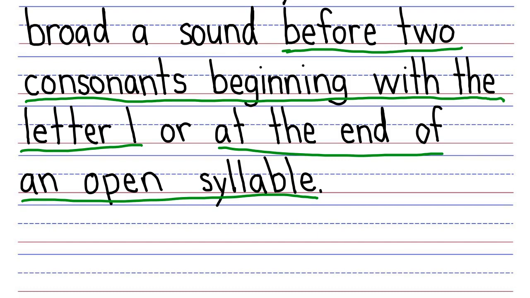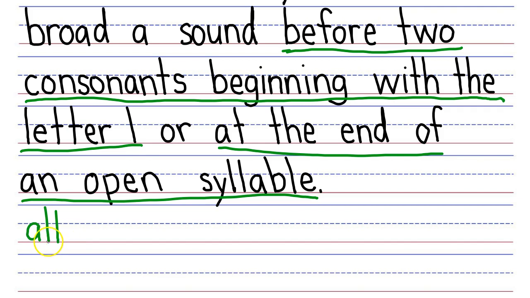What does it mean for the broad A sound to come before two consonants beginning with the letter L? Well, let's look at a few words. First word, all. Write this down. A that says ah, LL that says l. Ah, l, all.